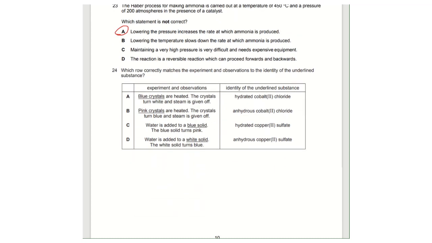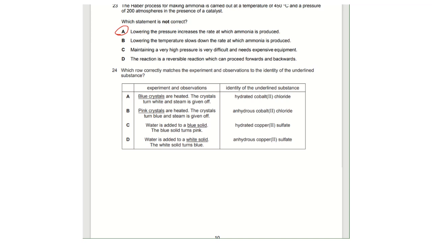Which row correctly matches the experiment and observation to the identity of the underlying substance? Blue crystals are heated. The crystals turn white and steam is given off. Hydrated cobalt. Cobalt is blue, but this is blue heat. Pink crystals are heated. The crystals turn blue and steam is given off.